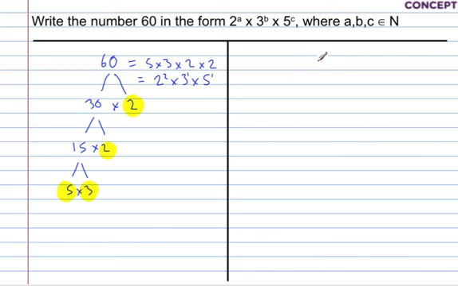Let's just do this one more time using slightly different factors to begin with. I'm going to go with 6 times 10. Okay, this time neither of these numbers is prime, so I'm going to have to split both of them. 6 is split into 3 times 2. They're both prime, so that's finished. And then I go over to my 10 and I split that into 5 times 2, which again are both prime.